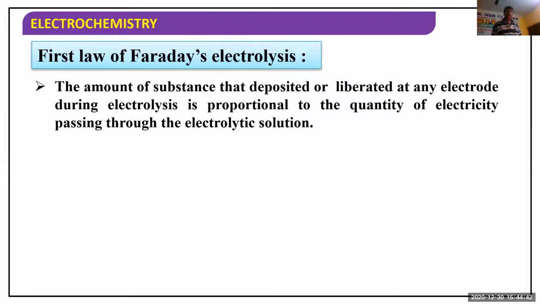So what happened here? The amount of substance, that means W, that is deposited on or liberated at any electrode, is directly proportional to the quantity of electricity, that means electricity Q, or I is the ampere passing through the electrolytic solution.